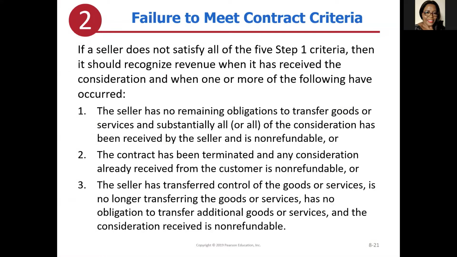If the seller receives cash before the appropriate time to recognize revenue, it should report the consideration as a liability. In addition, the entity should not remove the inventory from its balance sheet.